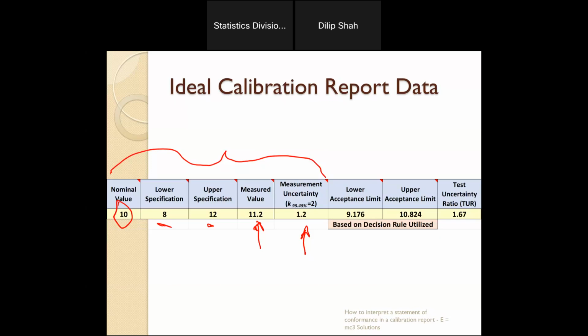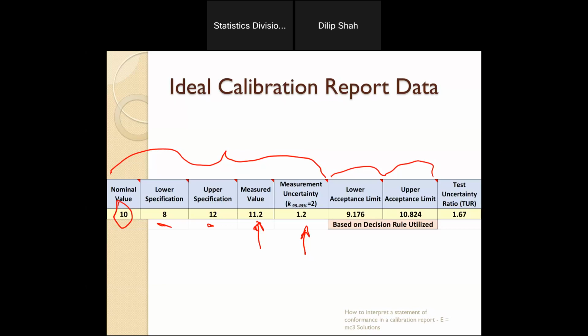Now, the decision rule, the acceptance limit, will depend on the decision rule that you utilized. And in my example, I use that ILAC G8 2009 decision rule, so that you can determine using the tools you would have.